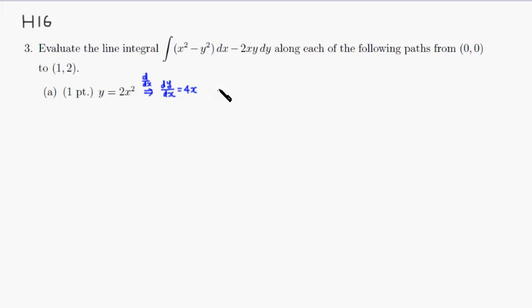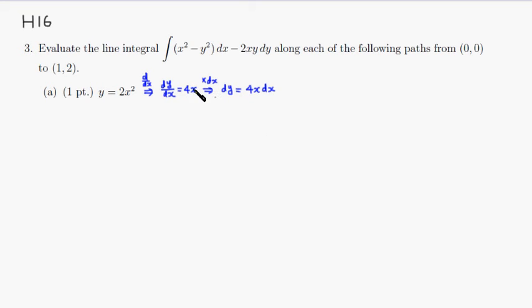And by multiplying both sides by dx, we get dy is equal to 4x dx.